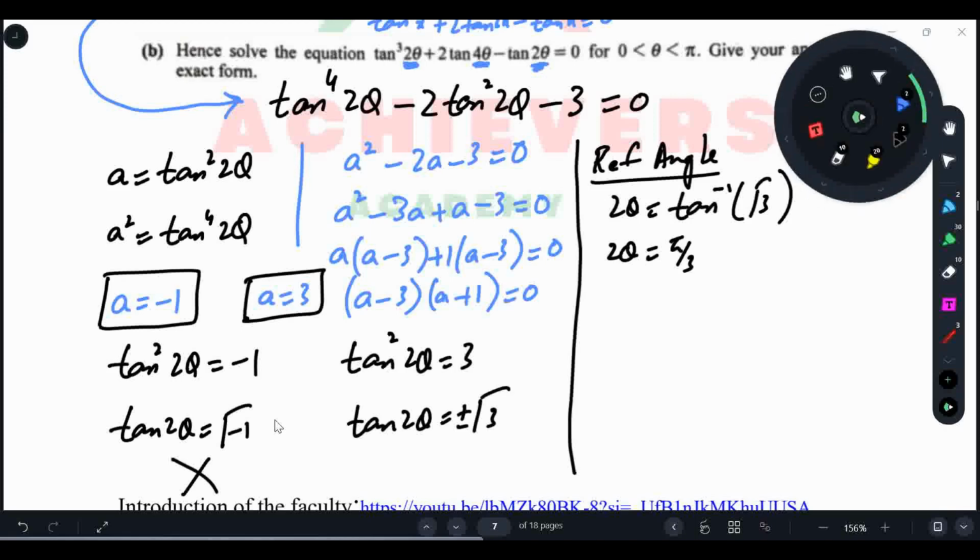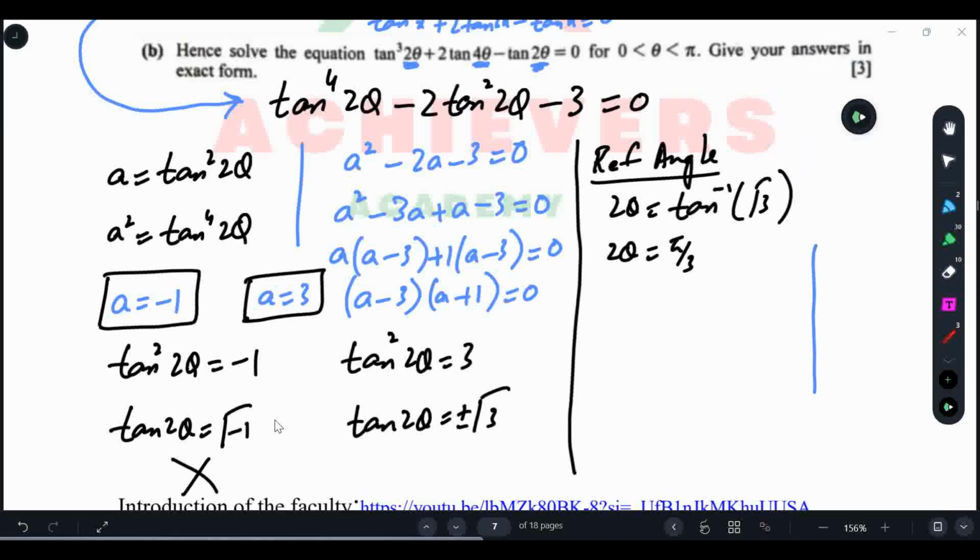Now we need to use the concept of CAST. Tan is positive as well as negative, so it will lie in all the quadrants, and the reference angle will be pi by 3.